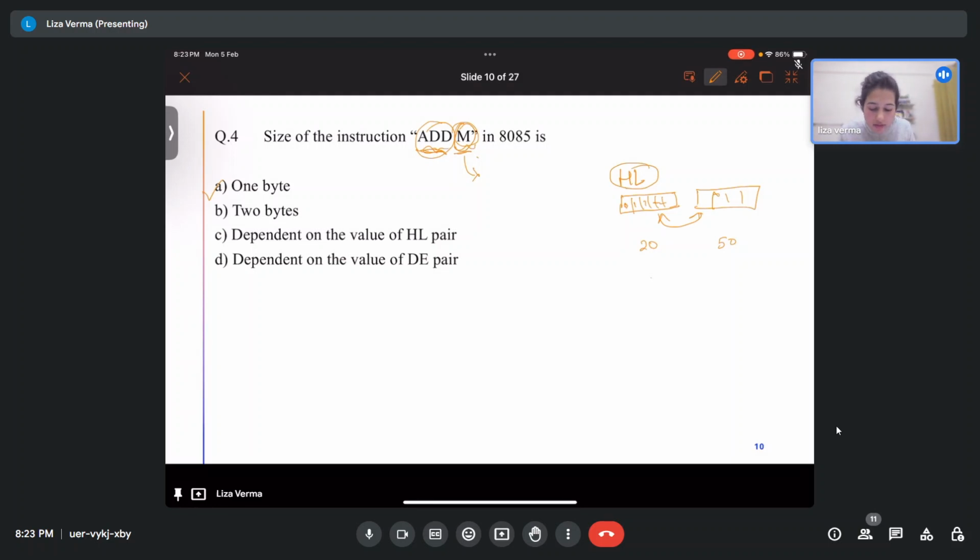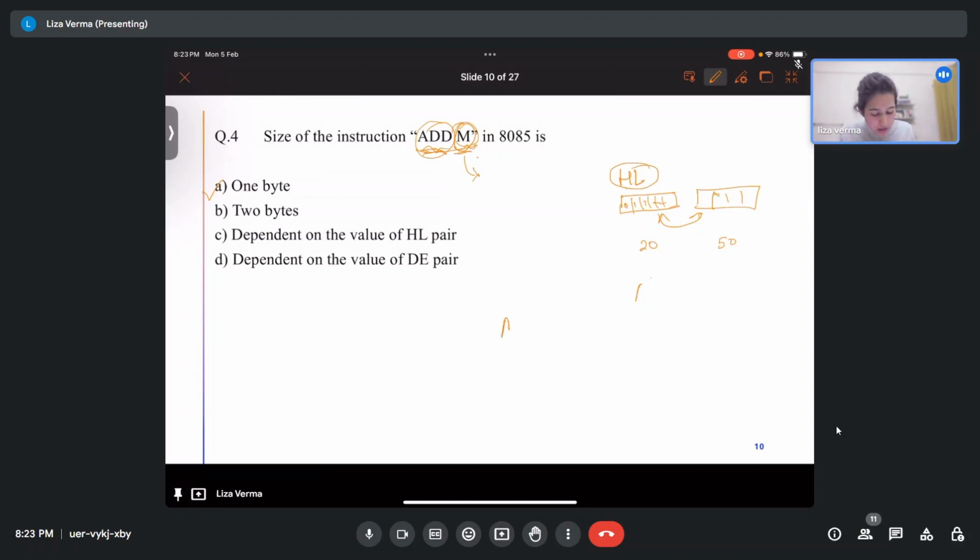When this kind of instruction, ADD M, is used, it says to add the contents of the location whose address is stored in the HL pair. You can write this if you are not understanding.